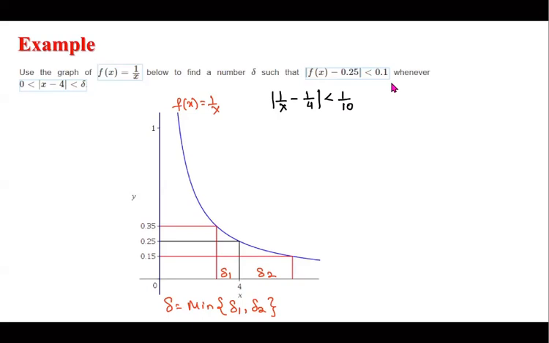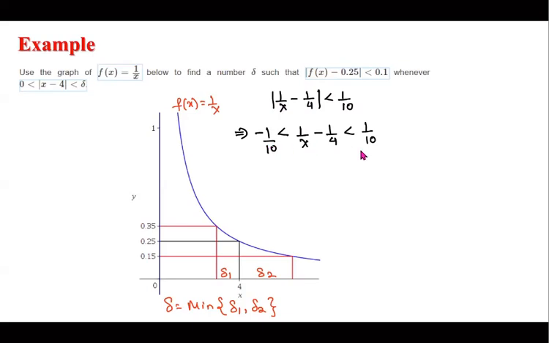So the meaning of that is this quantity inside the absolute value is between negative 1/10 and positive 1/10. We can write that as negative 1/10 is less than 1 over x minus 1/4, which is less than 1/10.